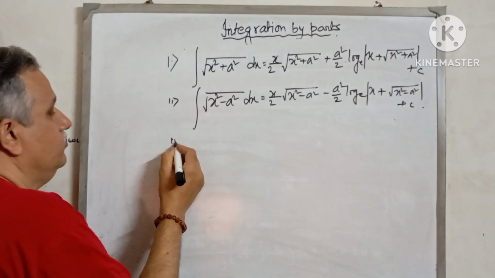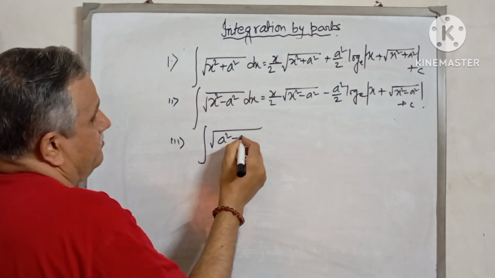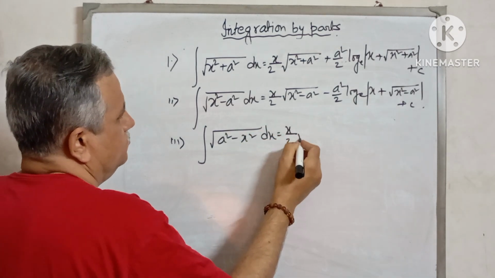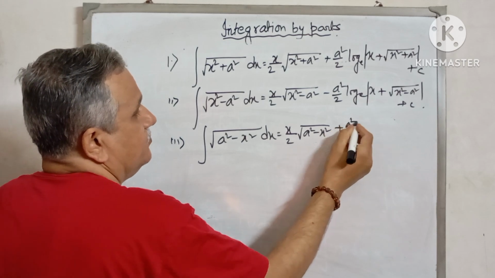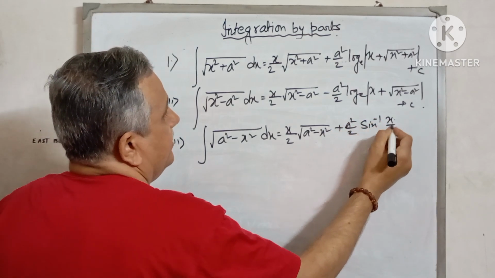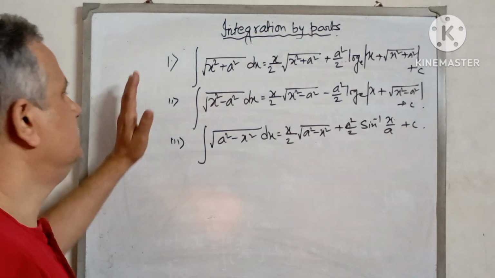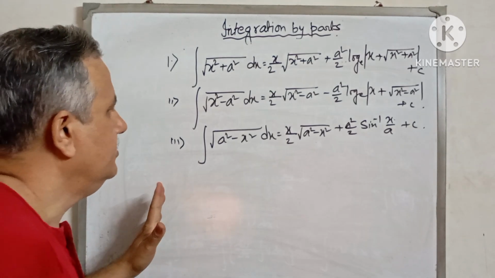And number 3 formula, integration root over a square minus x square dx is x by 2 root over a square minus x square plus a square by 2 sine inverse x by a plus c. These 3 formulas we have to use to solve some by-parts problems.